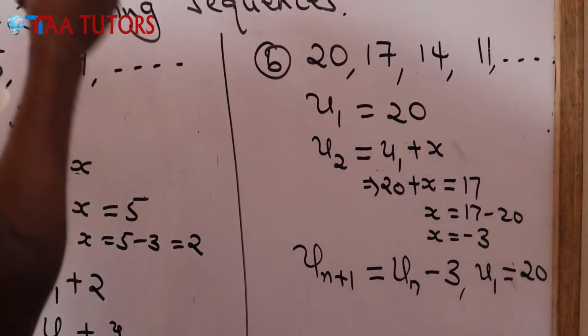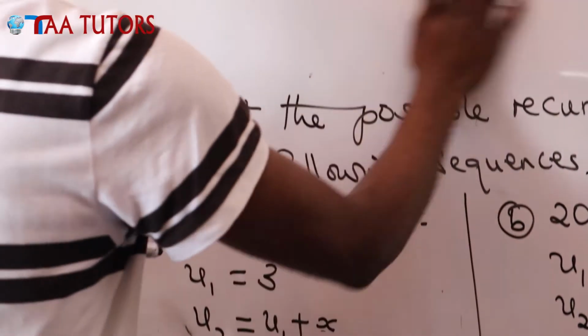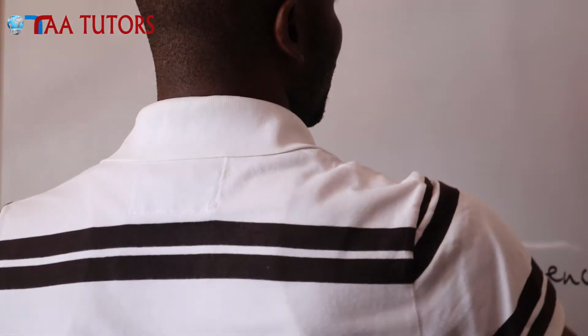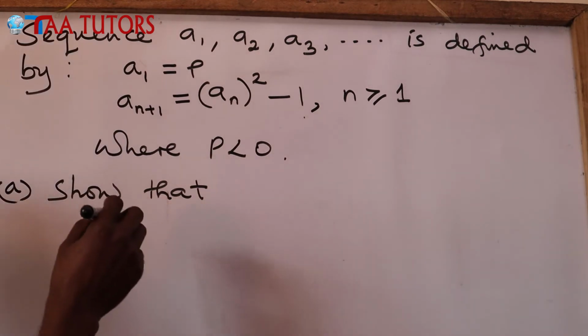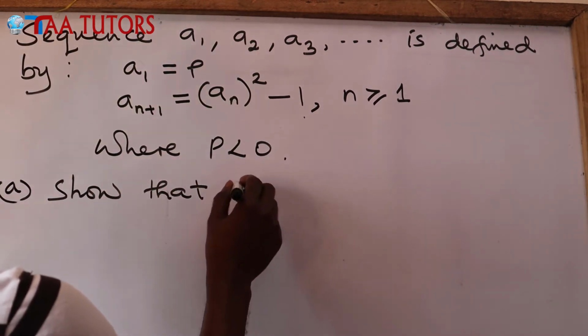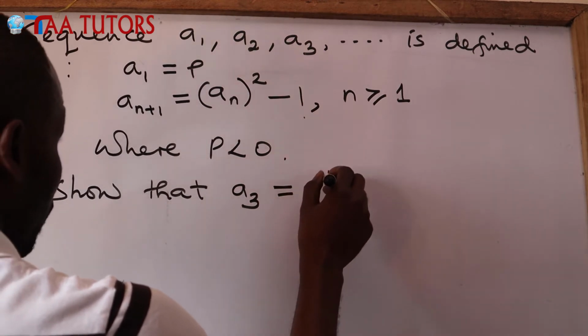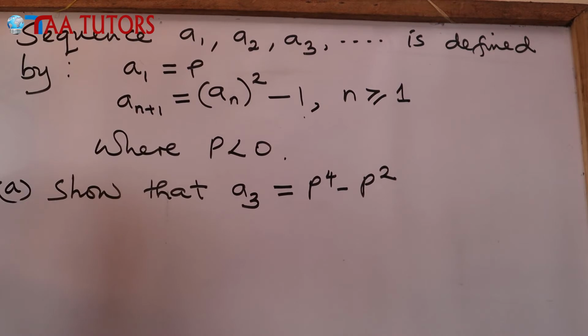Let's look at example 4, which is going to be dealing with periodic recurrence relations. Show that a3, the third term, equals p power 4 minus 2p squared.